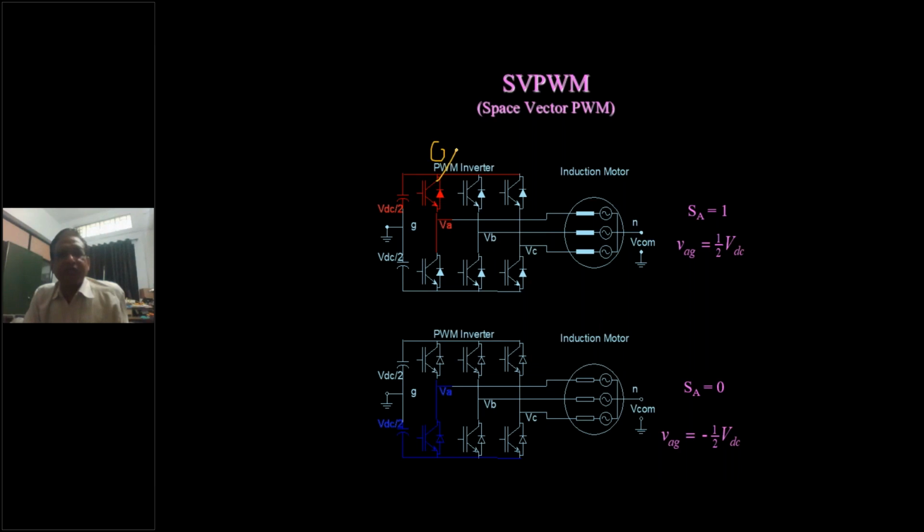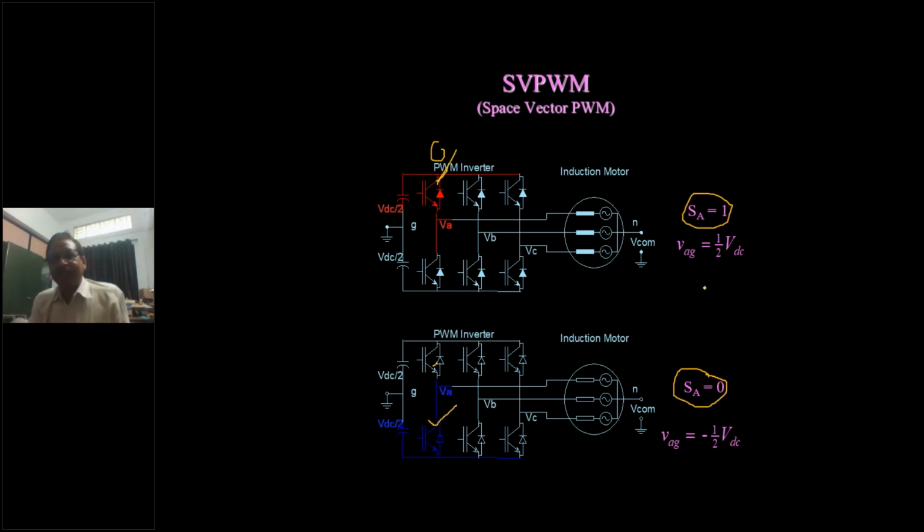When the upper switch is on, we say SA equal to 1. What is the meaning? A phase upper switch is on. And when we say SA equal to 0, its meaning is the lower switch is on in A phase.